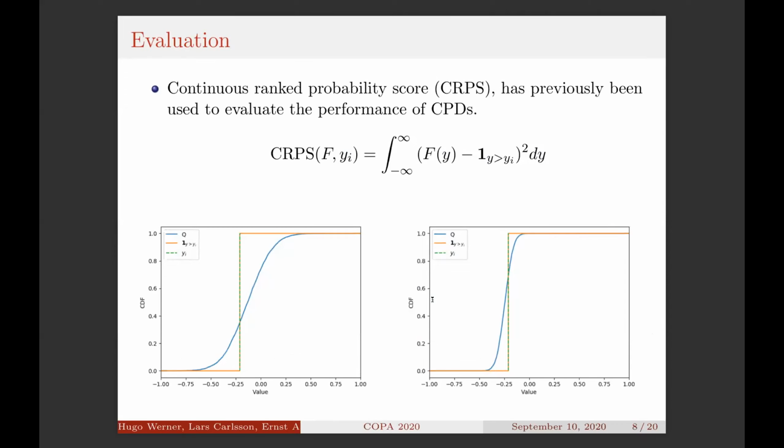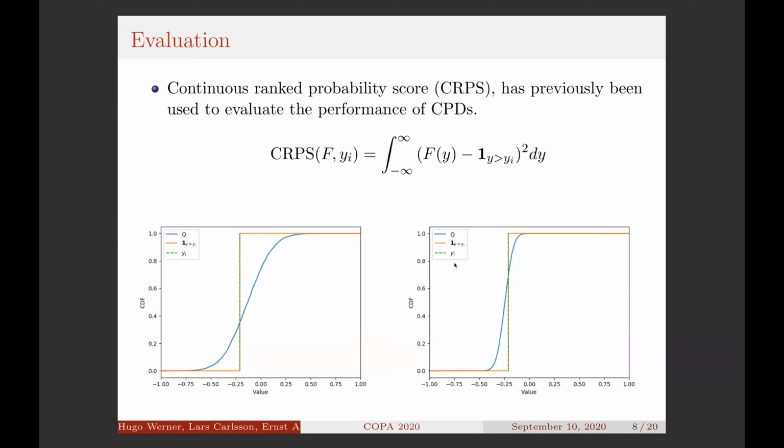When it comes to evaluating, there are several options. What we've used and what we've seen used earlier is the CRPS, the continuous ranked probability score, which is defined here, where F is the output from the SCPS, essentially this blue line here. We want to compare that to the optimal distribution, which would be a step function located at the true label.